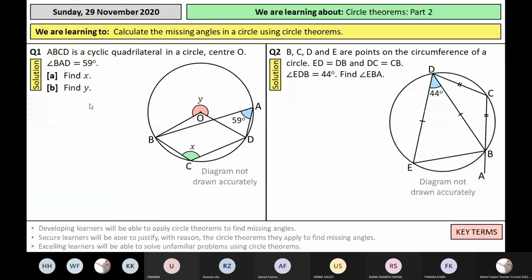Exam question number 1 and 2. So I'm giving you 5 minutes to do it. Do it quickly now. Your time starts now.